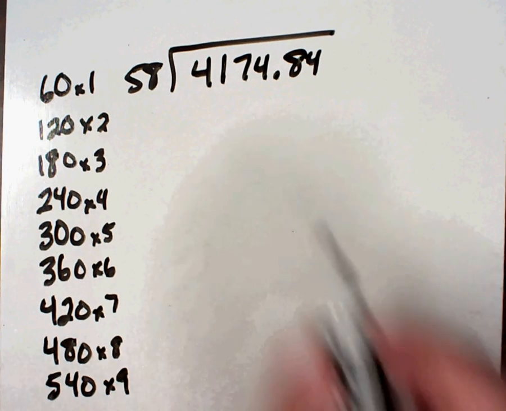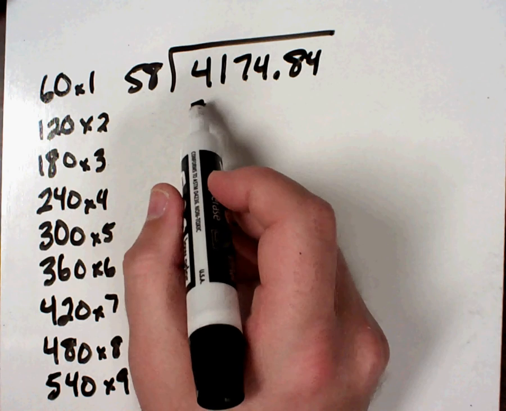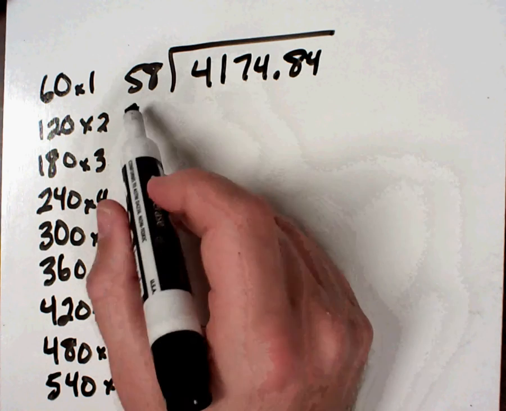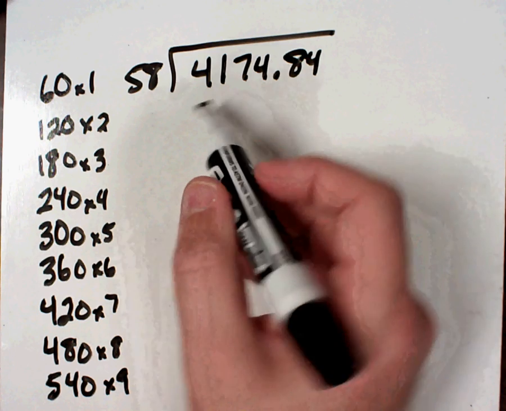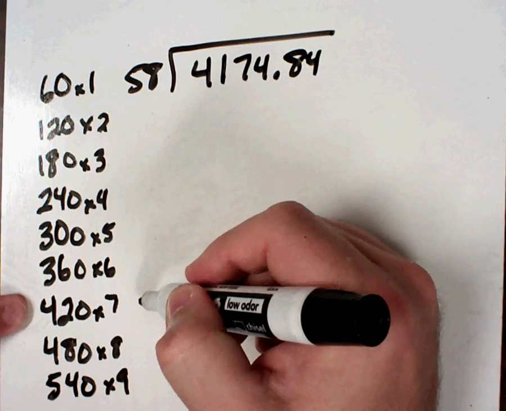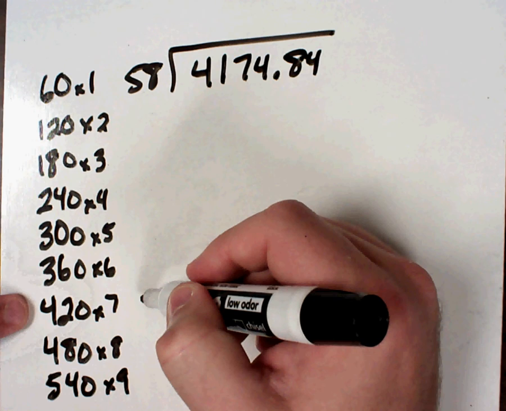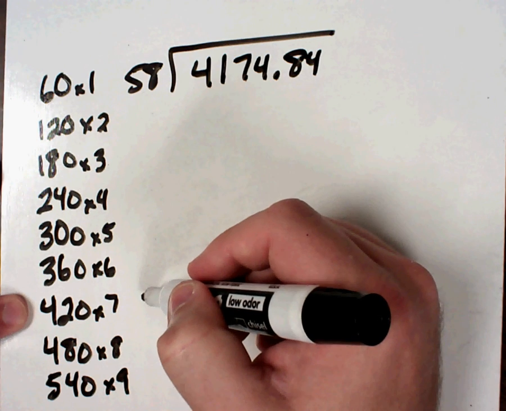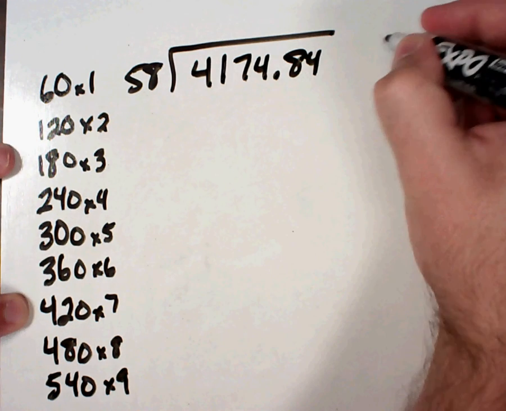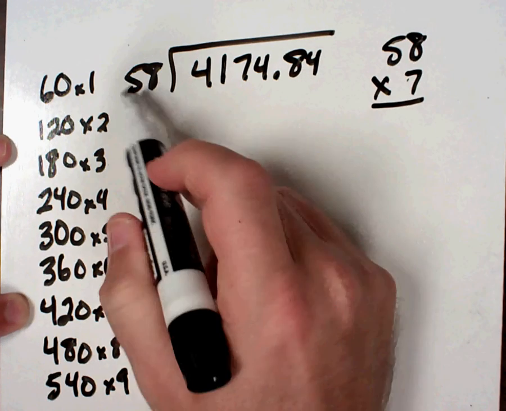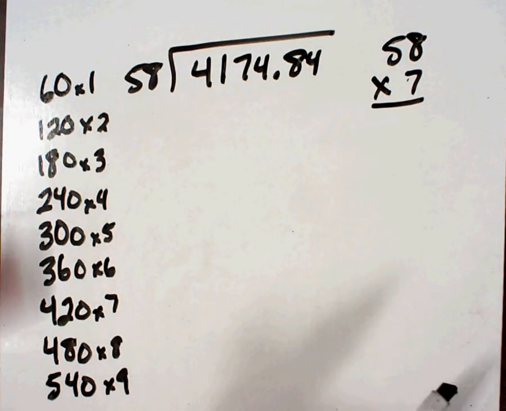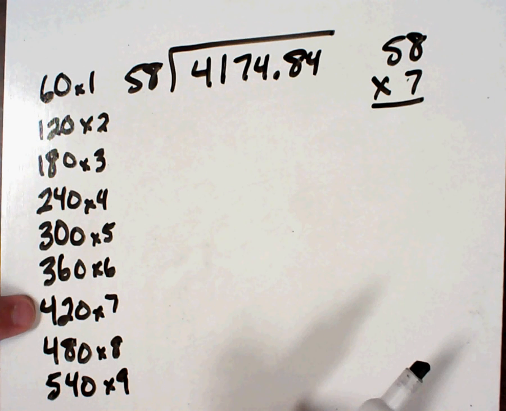Alright, so 58 into 4, nope. 58 into 41, nope. 58 into 417, yep. Alright, so looking here, looks like 420 is going to be our best bet. So we're going to do 58 times 7. And again, because 58 is a little bit smaller than 60, my number is going to be less than 420.